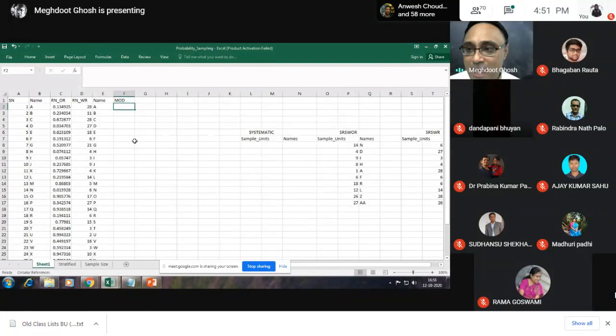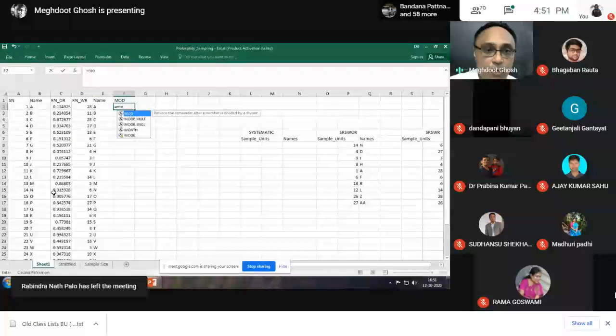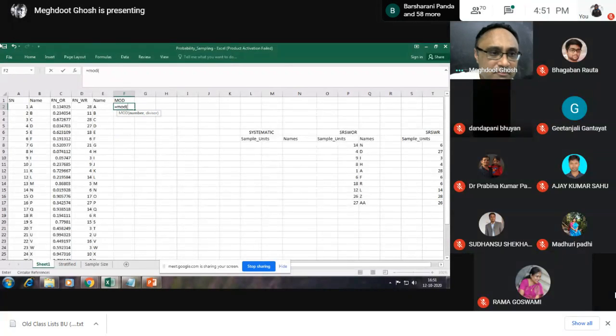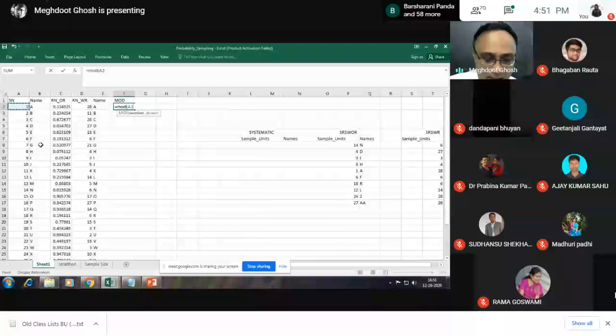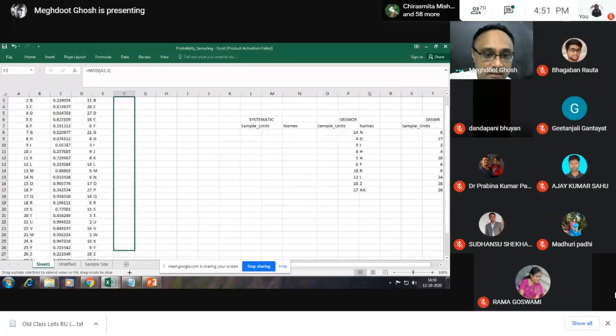What you will do over here is write is equal to, and then write MOD, then you start with this one, A2, and your divisor is 3, because your interval is 3, and you press enter. So 1 is coming over here, and then you just drag it like this.